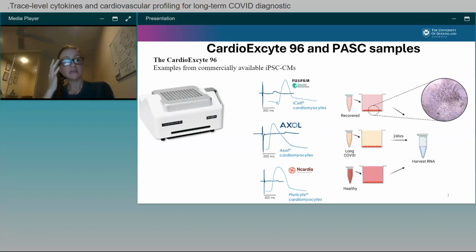The system is also an impedance-based platform, and the cardiomyocytes are adhered on gold electrodes of unique 96-well measurement plates, which reveal extracellular field potentials and also typical beat shapes. Here you can see examples of traces as recorded in commercially available stem cell-derived cardiomyocytes.